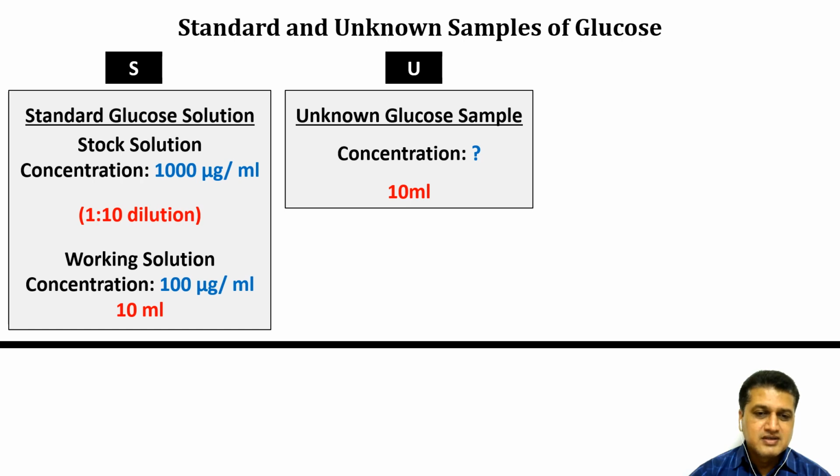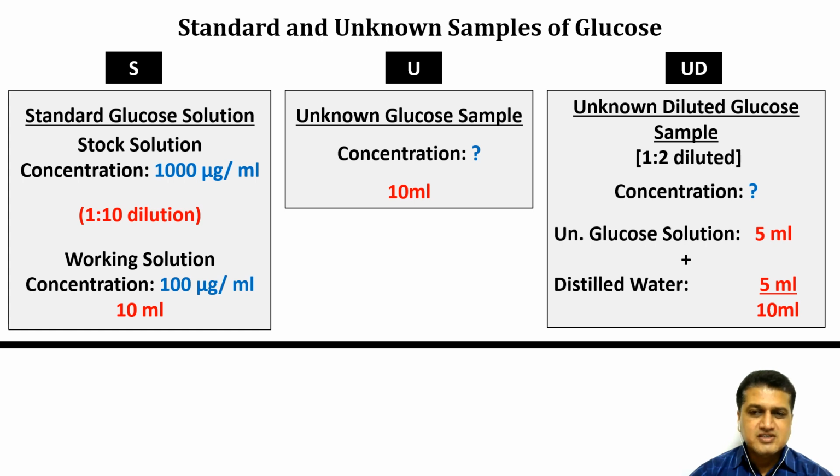Unknown sample may have a high amount of glucose which may produce results that fall out of the range of this method. Therefore, we need unknown diluted glucose sample. For this, take equal amounts of unknown glucose sample and distilled water and mix them.